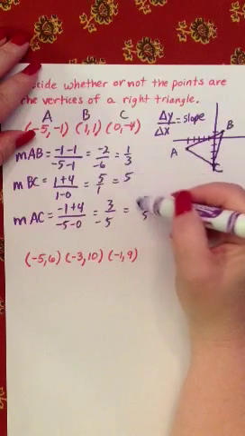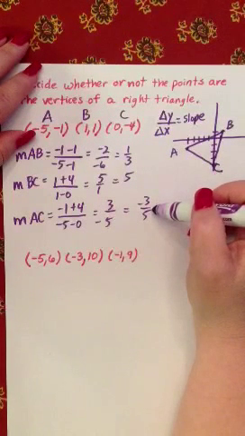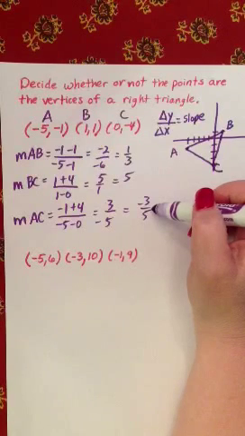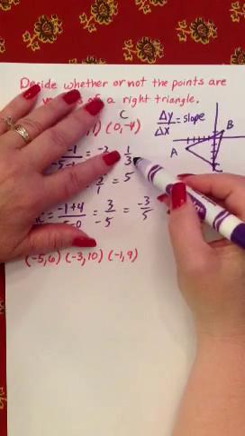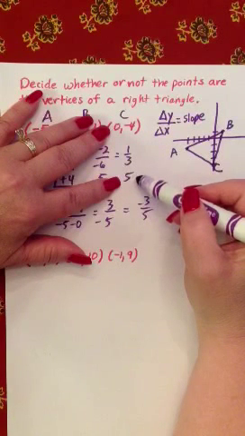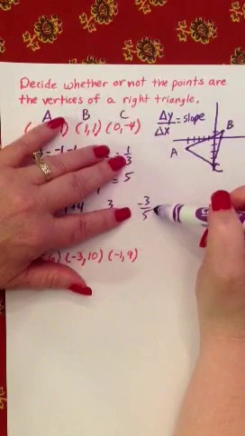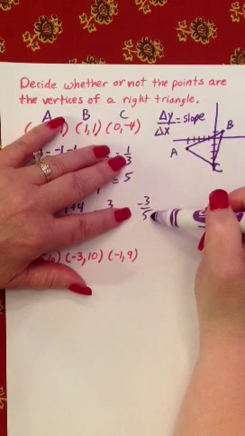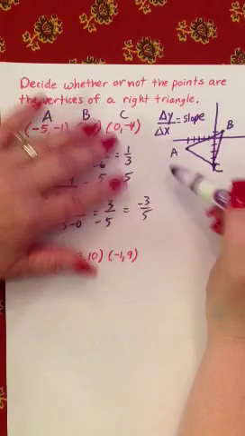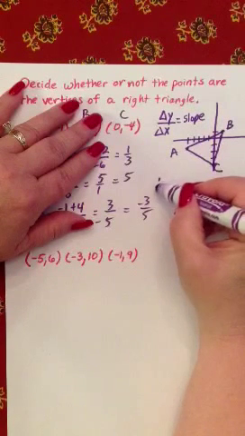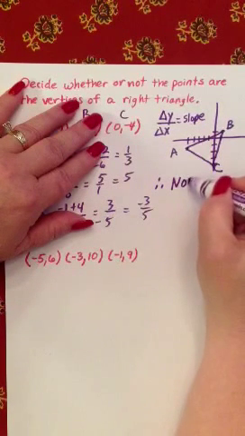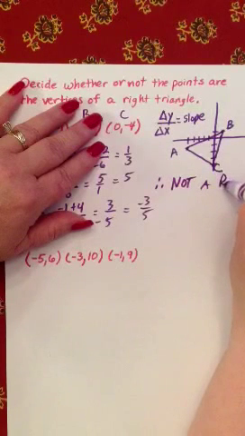Well, the numbers are a little bit related, 1/3 and 5 and -3/5, but they're not negative reciprocals. The negative reciprocal of 1/3 would be -3. The negative reciprocal of 5 would be -1/5. The negative reciprocal of -3/5 is positive 5/3. None of these are perpendicular to each other, so I can say, therefore, not a right triangle.